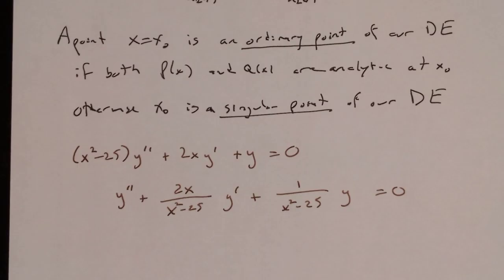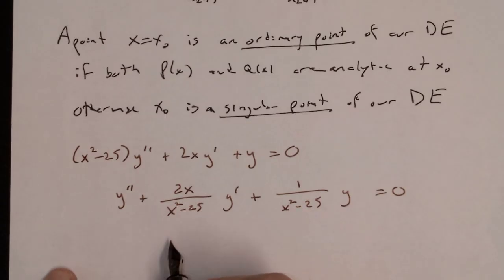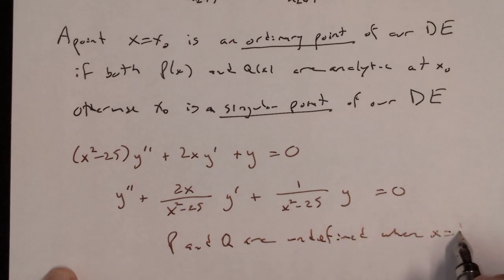And, right. Clearly, this is undefined whenever x is plus or minus 5. So those are my singular points. I only need one of P or Q to be undefined at any particular singular point.